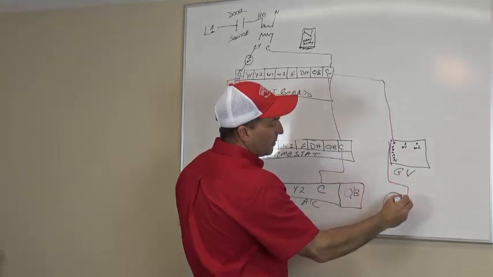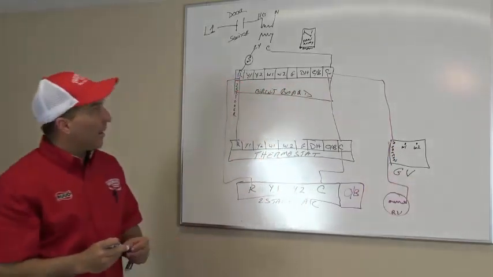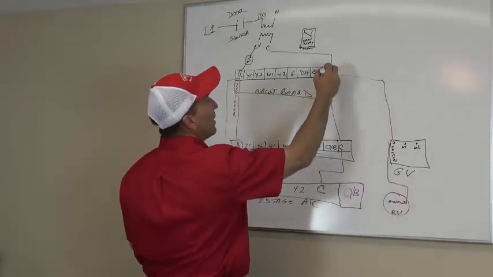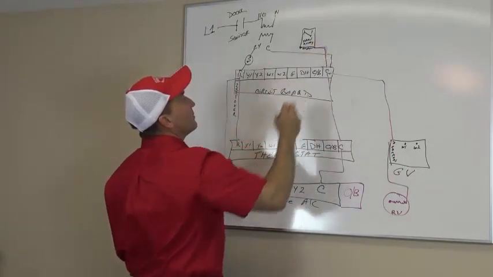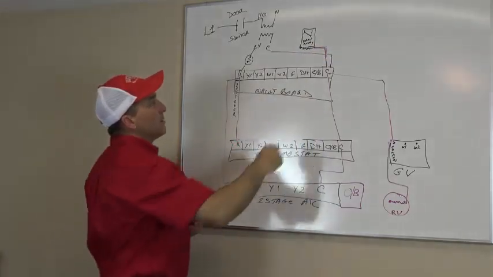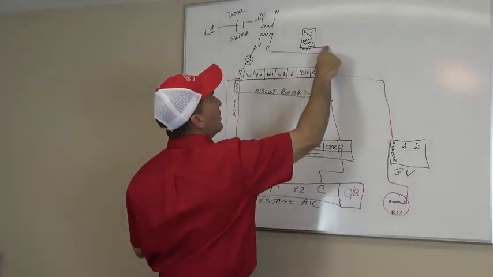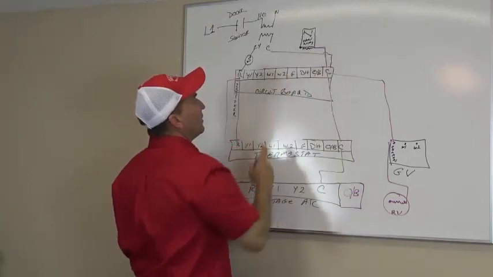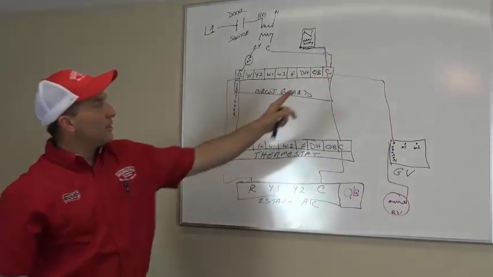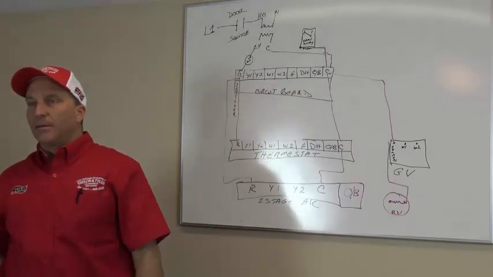There's my common. How about my fan relay? I need voltage to my fan relay, right? This one here is my common. We actually have to do a little jump over, because it's not touching there. It's actually touching at my common terminal.